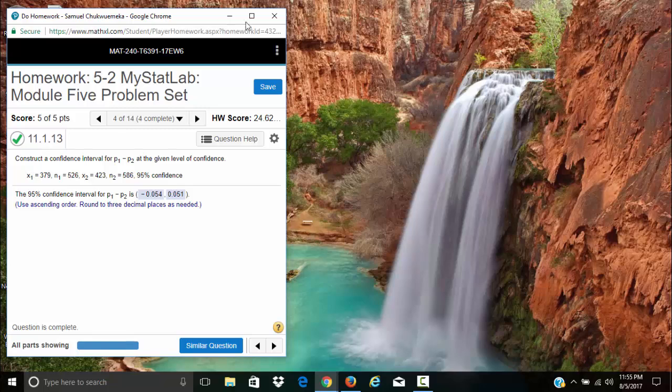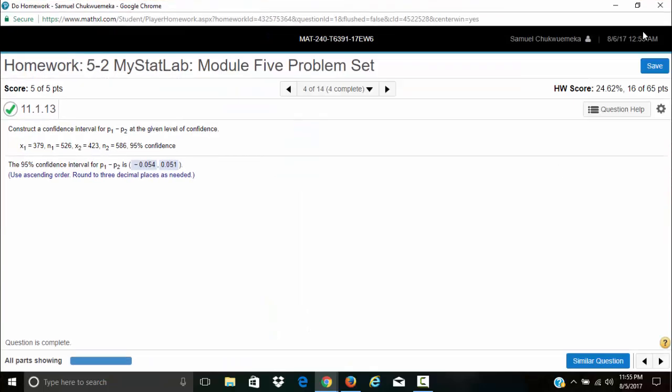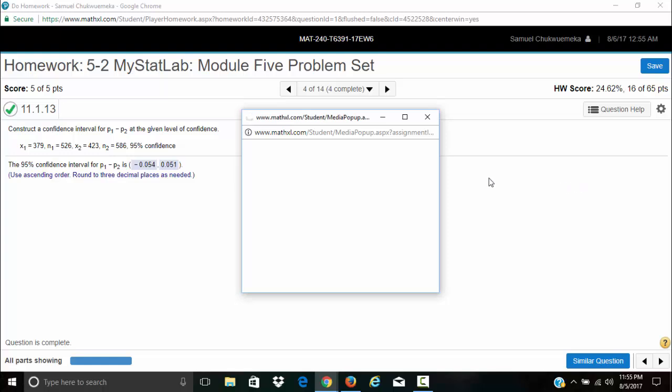Let's do this same question with StatCrunch. If you're doing it with StatCrunch, this is what you do. Question help, open up StatCrunch.